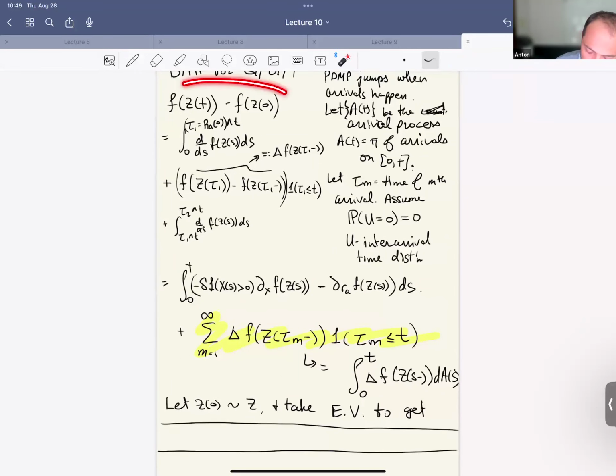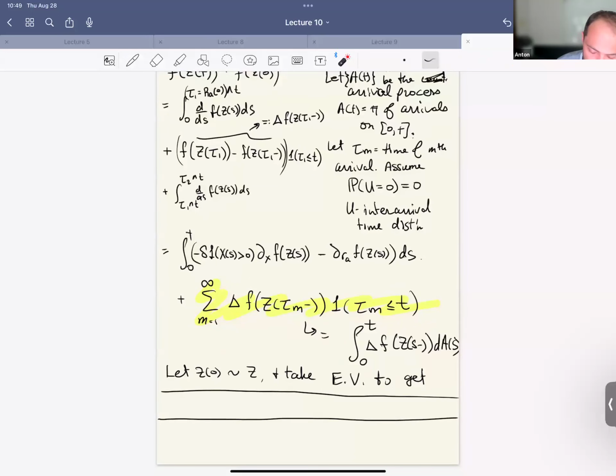So first of all, I take the expectation with respect to the left-hand side. And for this to be 0, I need, so conditions, I need f to be integrable. That's non-negotiable.